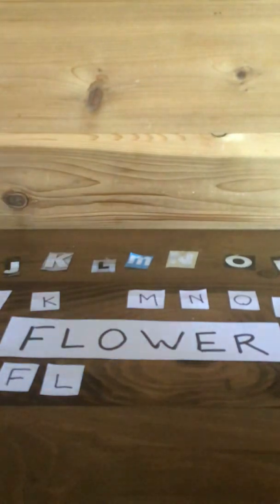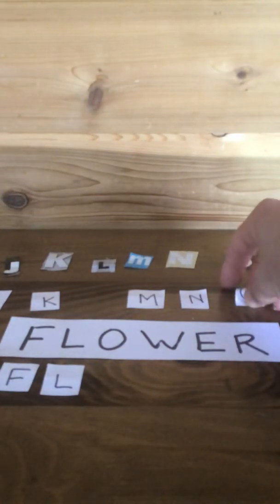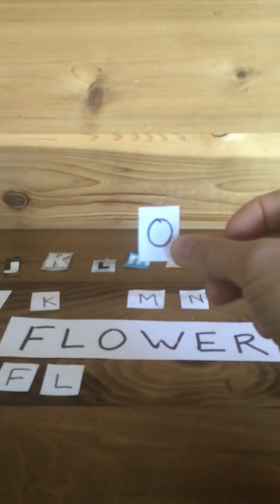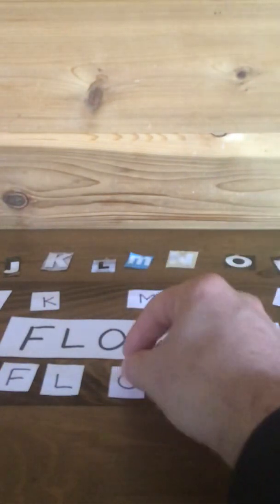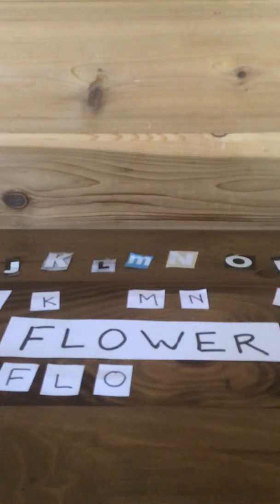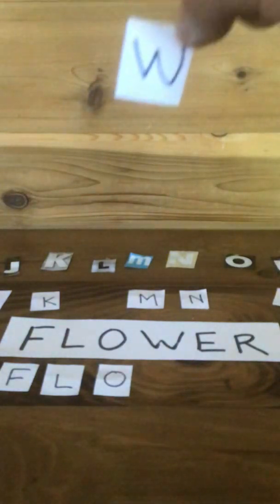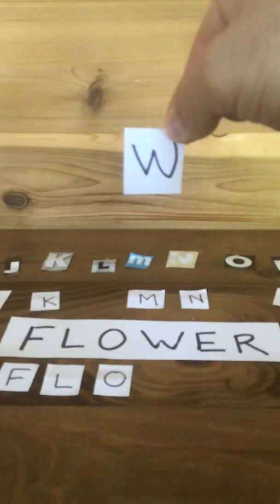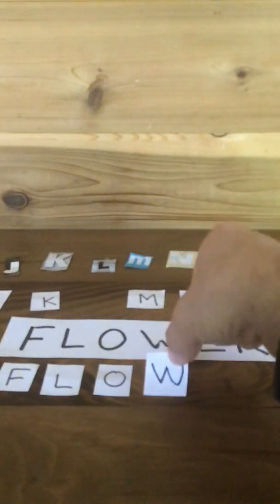And next we need letter O, which again is right in front of us. Put the letter O in front of you. And next we'll find the letter W. Wonderful, and put your W down.